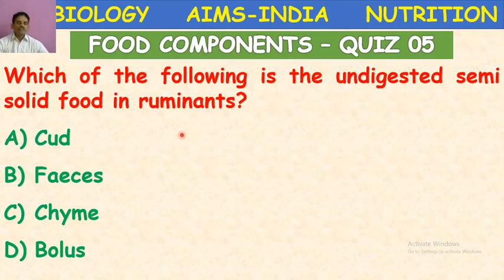Four options given here: cud, feces, chyme, bolus. Yes, it is A, cud. The partly digested food in the rumen of ruminants is called cud. So the remaining all are different.